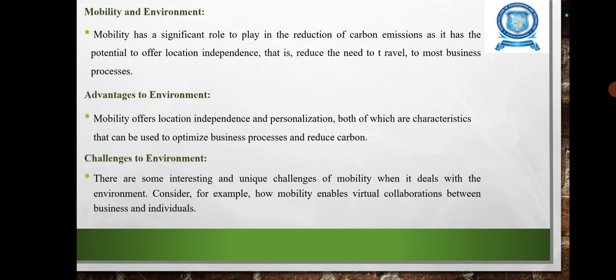The next one is advantages to environment. Mobility offers location independence and personalization, both of which are characteristics that can be used to optimize business processes and reduce carbon. That means, for example, devices, networks and content should have a significant role to play in the global carbon reduction effort.